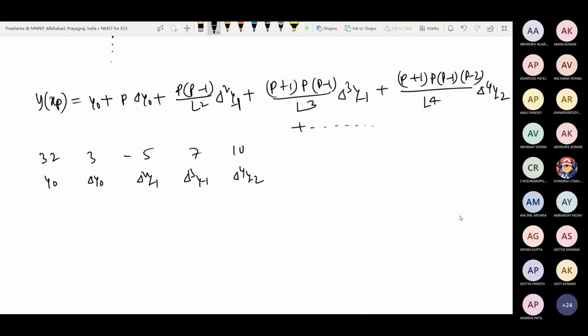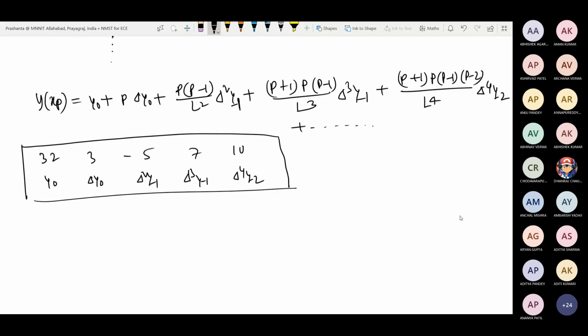Only these terms will be present. Remaining, so you will have only how many terms in the formula? 5 terms. You will have to add 5 terms in the formula. Okay. So also P equals to 0.25. So substitute everything here and tell me what is Y of XP, what is Y of 9.